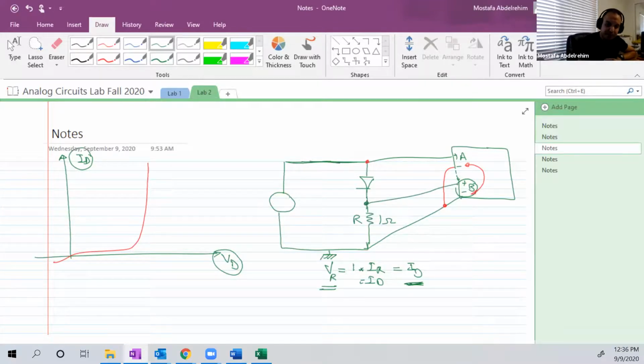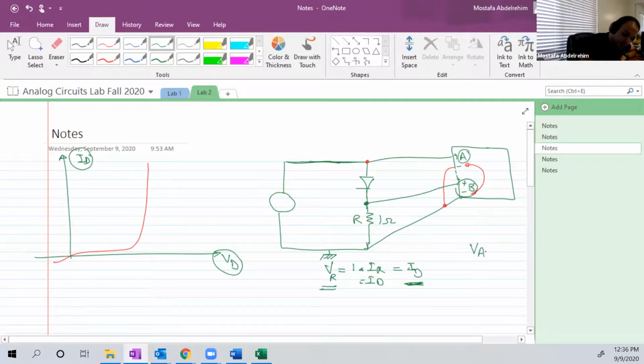The problem is we wanted in the first place VA, which is the voltage on channel A, to represent VD. I'm saying VA ideally should be exactly equal to VD, and VB ideally should be exactly equal to ID because the resistance is 1. That's okay for R because its resistance is 1.